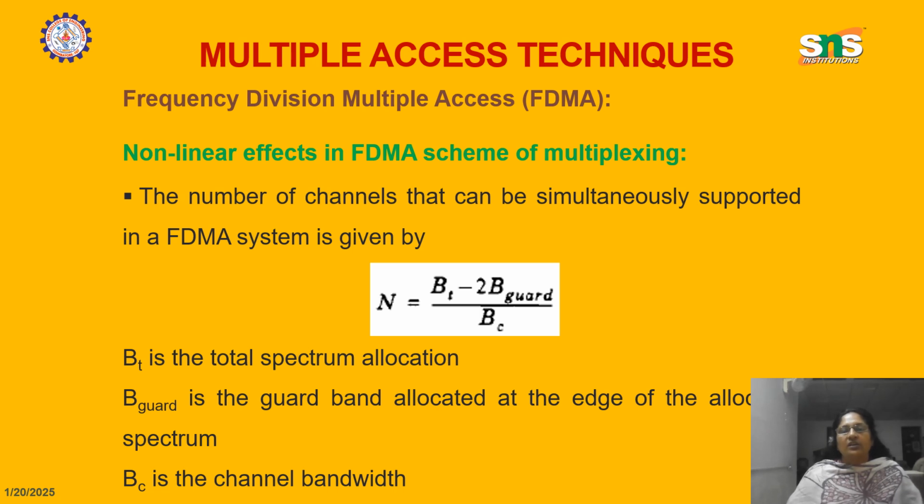The channel will be allocated for the duration of the call. As long as the call is in progress, the channel will be allocated to the user. Only when the call is cut or the call ends will the channel be deallocated from the user. And as long as one call is on, that channel cannot be allocated to another user.